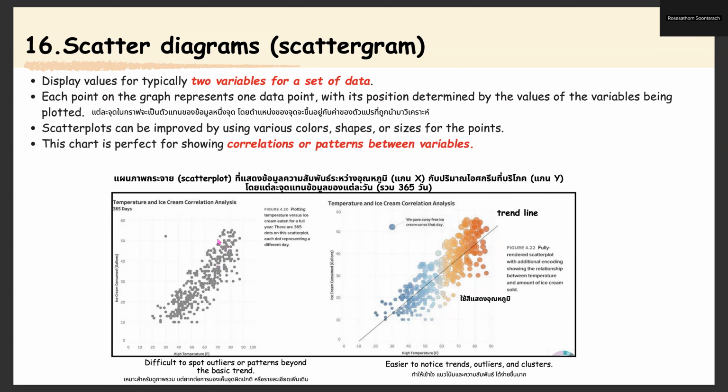Scatter plots can be improved by using various colors, shapes, or sizes. And this chart is perfect for showing correlation or pattern between variables. So you can put in trend lines and color, which make it easier to notice trends, outliers, and clusters.